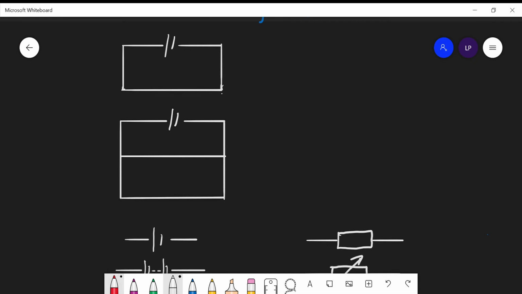This first one we see here, this is called a series circuit. So there's a single pathway. So all the current will flow through that pathway. Any component will be put in a row along this single pathway.